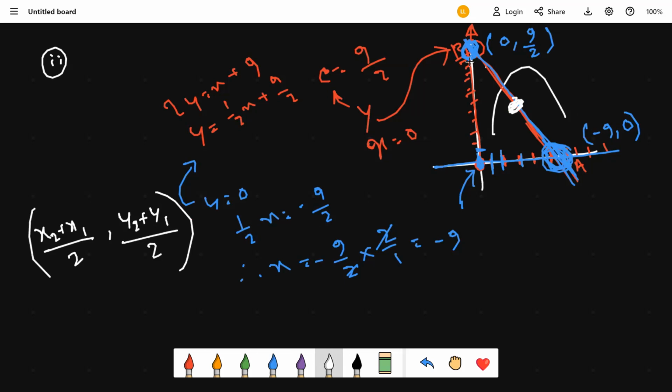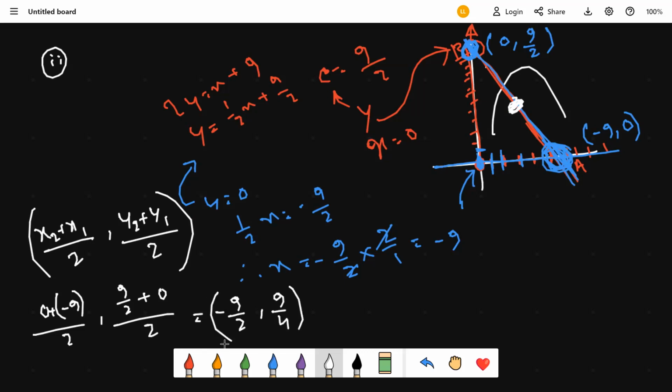So we have two x values: 0 plus minus 9 divided by 2, and y is 9 over 2 plus 0 divided by 2. We are getting a value of minus 9 by 2, and over here 9 by 4. So that should be the coordinate of the midpoint. Okay, that was the second question.